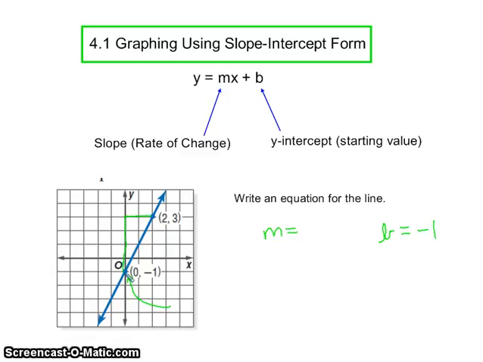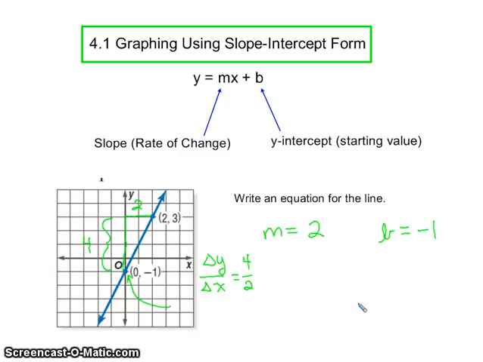From -1 to 3, how many units do we have? That would be 4. And from 0 to 2, there are 2.